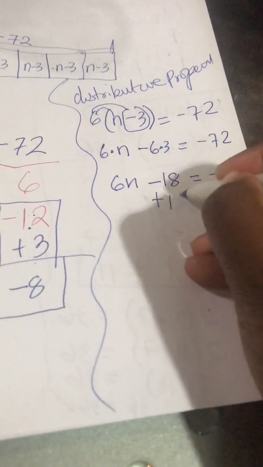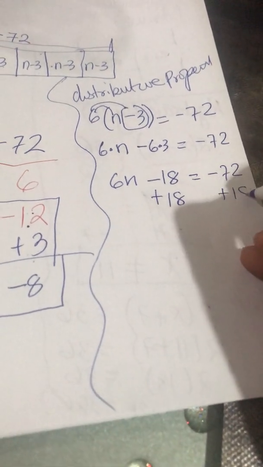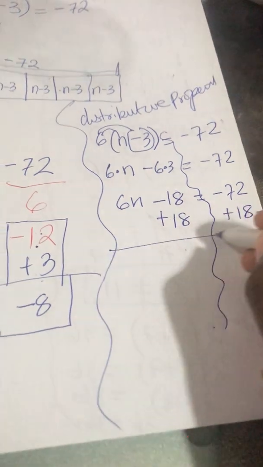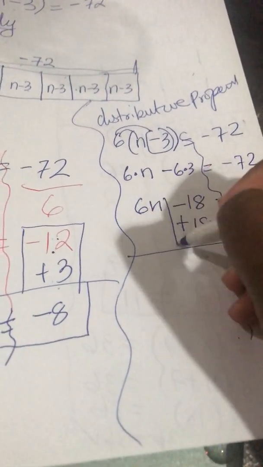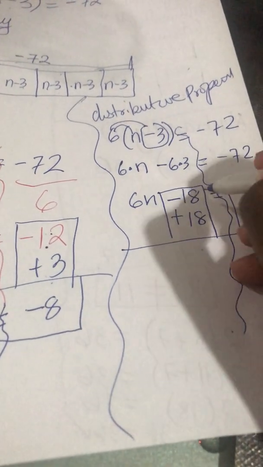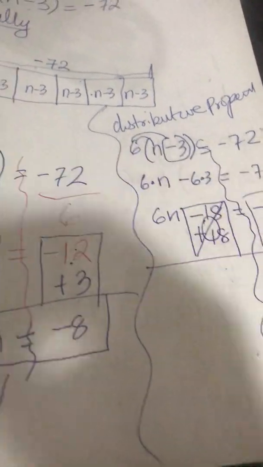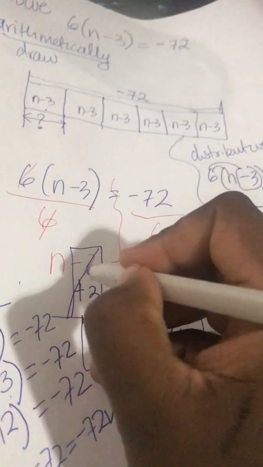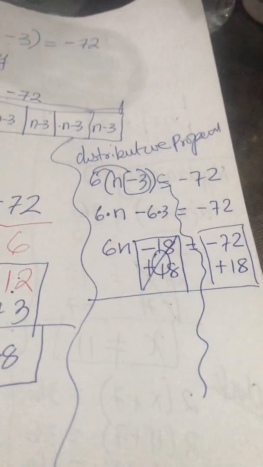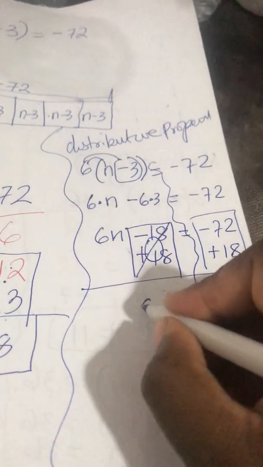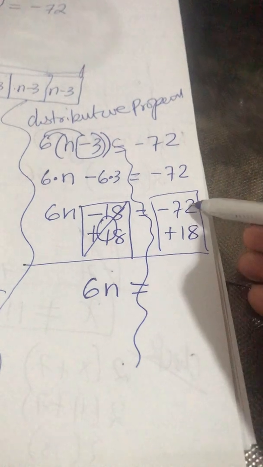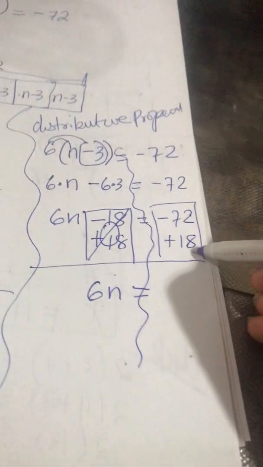Then you will do plus 18 on both sides. Don't forget your bridge. This goes away because of additive inverse. So you're left with 6n equals negative 72 plus 18.